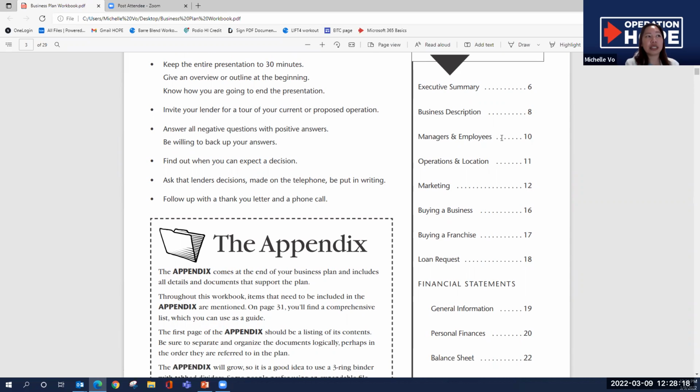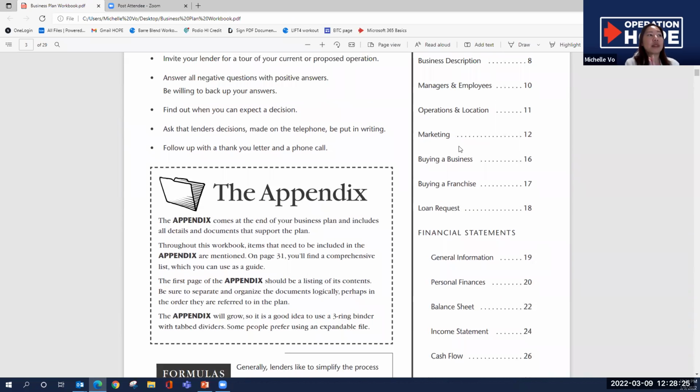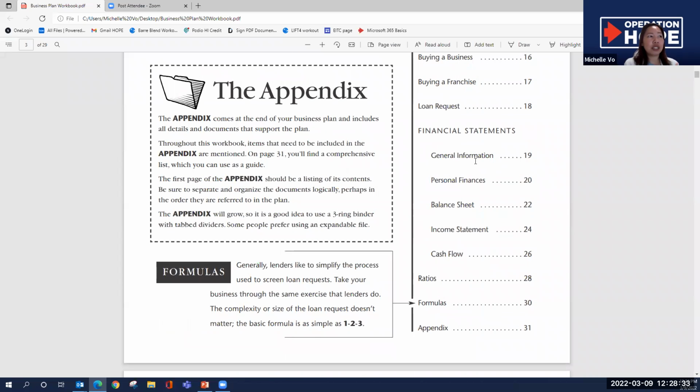The operation and the locations, and the marketing piece is actually another really big one. If you're buying a business or a franchise, what will that loan request look like? Financial statements usually include everything about personal finance, balance sheet, income statement, cash flow. In my opinion, financial statements should have their own class.